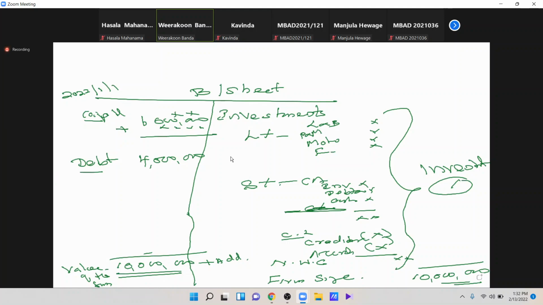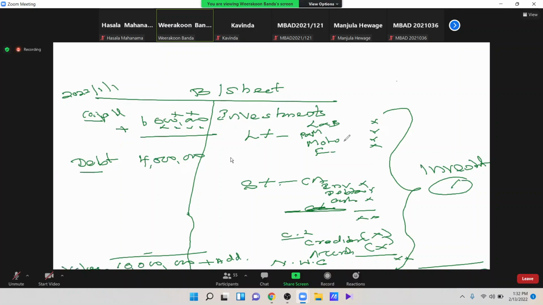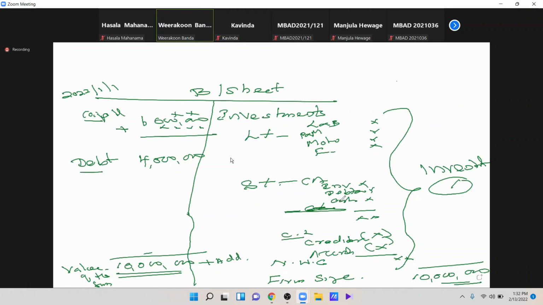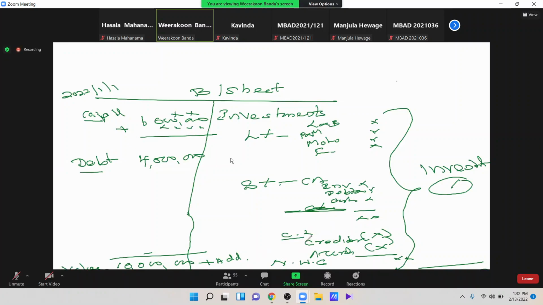So here, creditors means, in order to maintain the company assets, long-term assets as well as short-term assets, for the business operations we have to raise some capital using the short term. So with creditors, you borrow some money on credit terms.